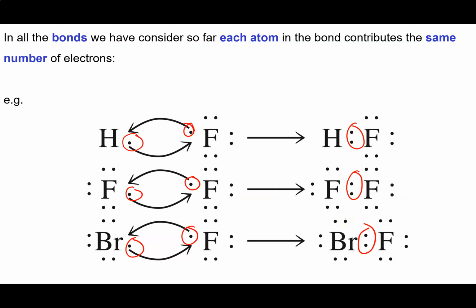I'm never going to ask you to draw molecules where the atoms are connected in a closed shape, nor to deal with very long chains of atoms with multiple central atoms, like in this case here, where we've got 2 atoms in the middle of that chain. In our cases, we're only ever going to have one atom in the middle and a bunch of atoms on the outside. Okay, so that's the general layout of things.